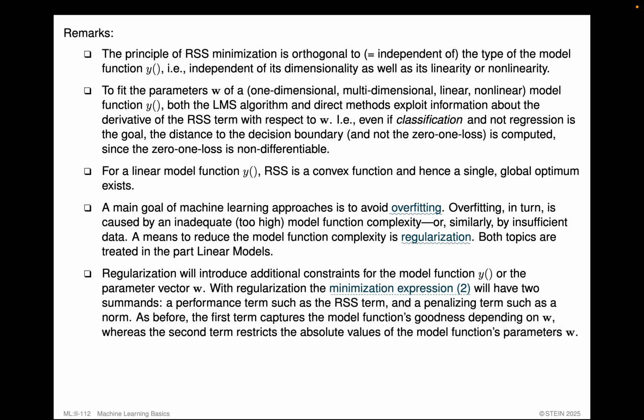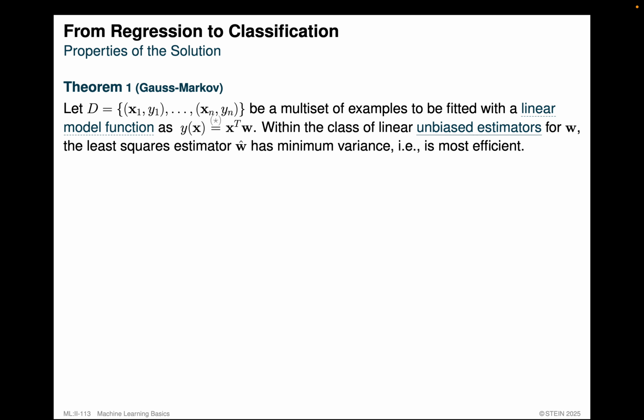So this gets us to the question of why are we using the residual sum of squares as a loss function? Well, this is due to the Gauss-Markov theorem, who found, Gauss and then refined by Markov, found that given a data set of predictions and a linear model function, then within the class of unbiased estimators, an unbiased estimator is, for example, the residual sum of squares, but it could also be the residual sum of cubes, the residual sum of exponent 4 errors, or something like that.